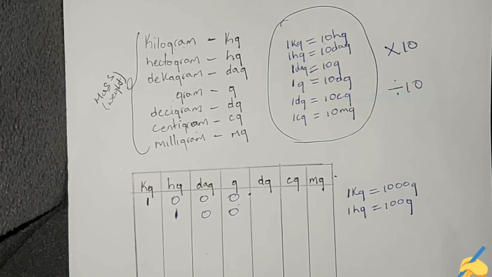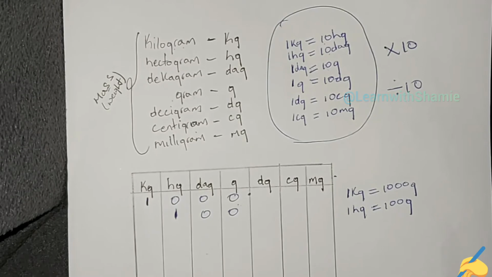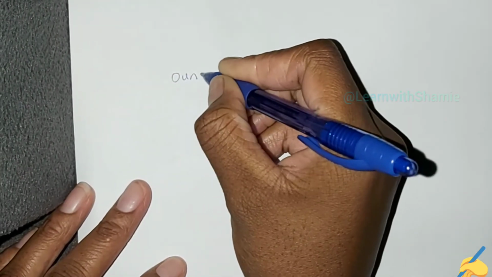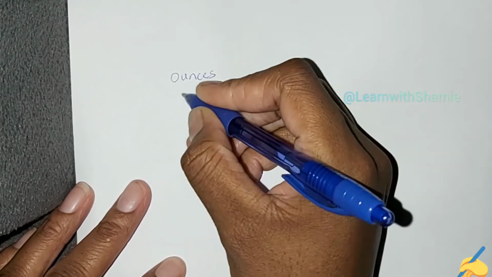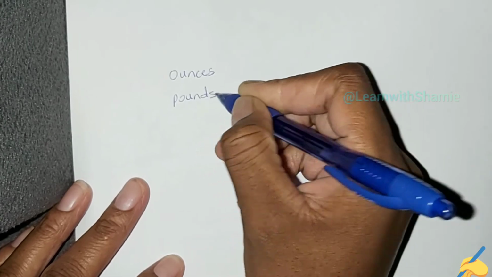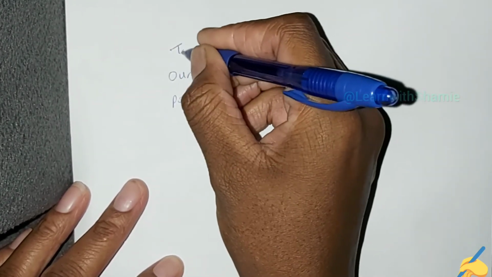Now there are 3 other units that are used to measure mass that are not on the metric system chart. They are ounces, pounds, and ton.